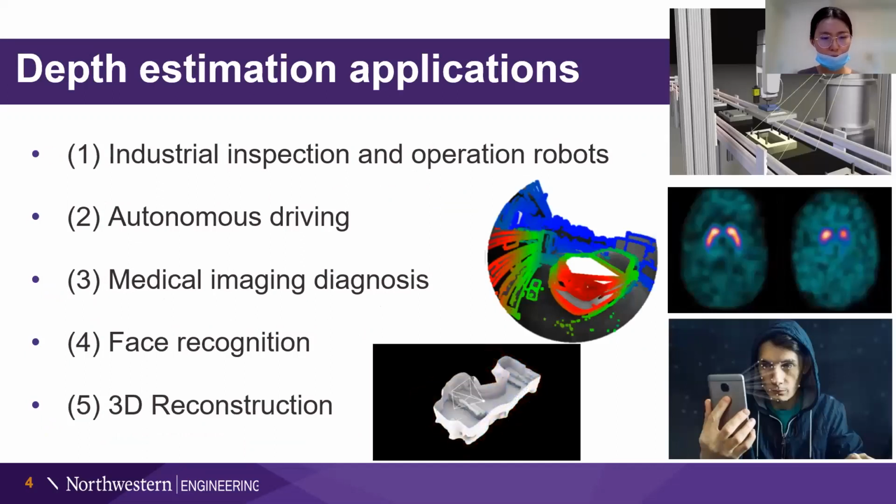So first, let me introduce some depth estimation applications. How to obtain the depth information of the target is an important technical point in current research and applications, such as industrial inspection and operation robots, autonomous driving, medical image diagnosis, face recognition, and 3D reconstruction.